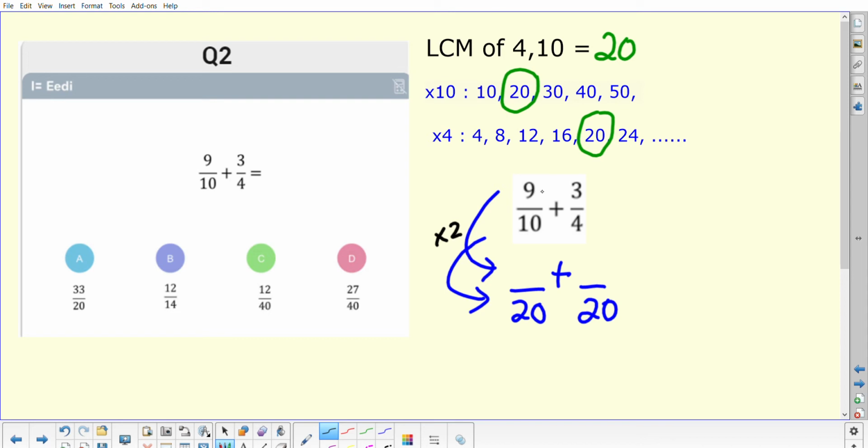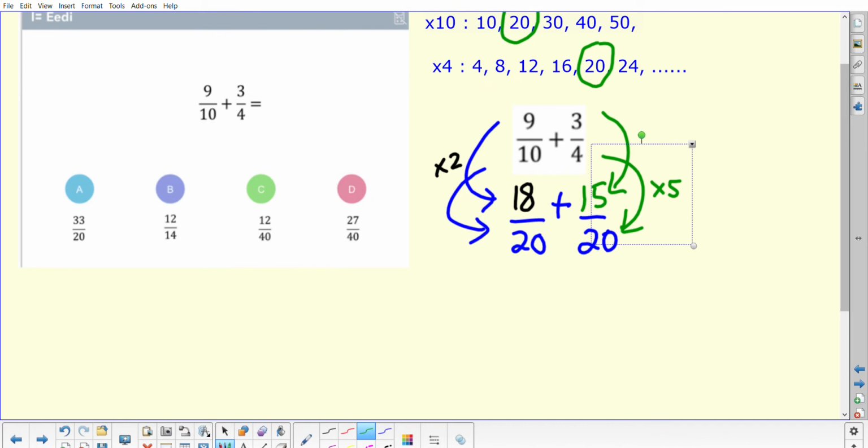That means that you need to multiply the 9 by 2 as well, so you get 18 in the top of that fraction. On the other side, you are multiplying by 5 to change that 4 into 20, so you need to do the same thing with the 3, which means you get 15 on the top. So what you're saying is that 9/10 is the same fraction as 18 over 20. 3/4 is the same fraction as 15 over 20.